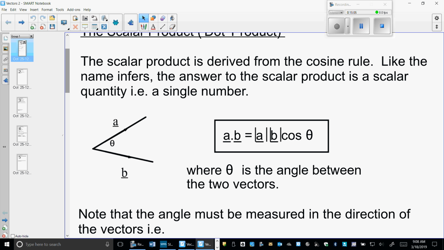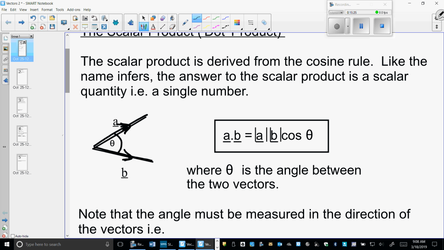Okay, it's derived from that, don't panic too much about it. But it's all connected between these vectors. That's an arrow that way, and that's an arrow that way. And this is your angle in between them. So here's your vector A, here's your vector B, this is the angle in between them.